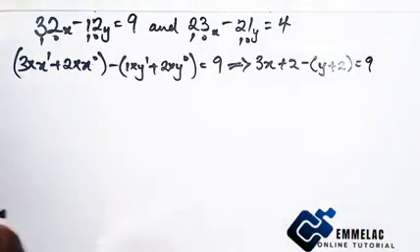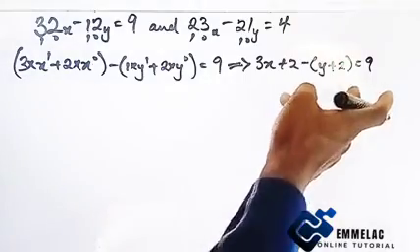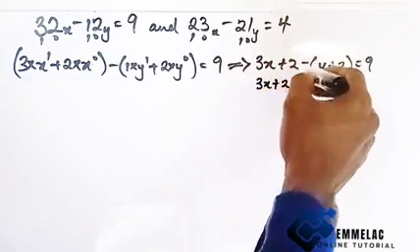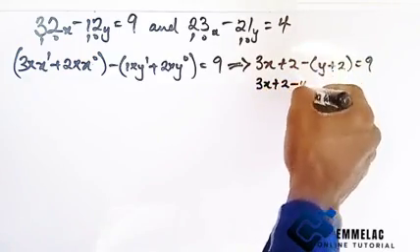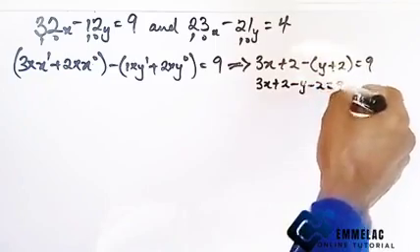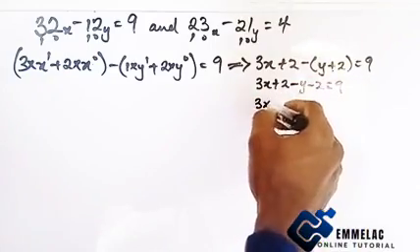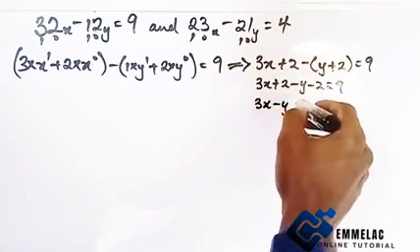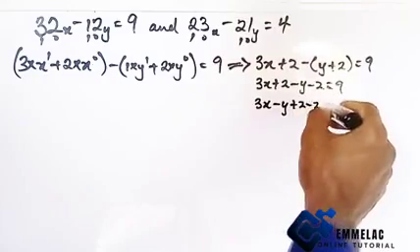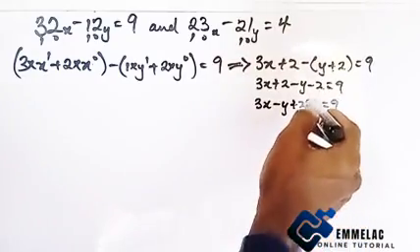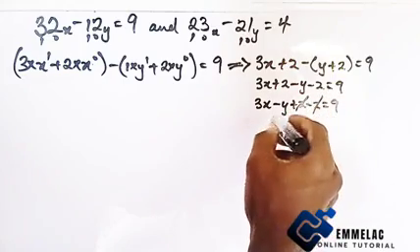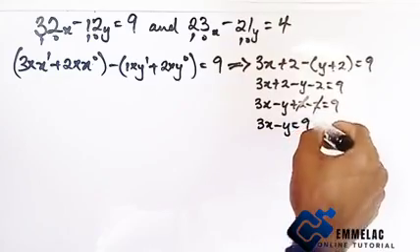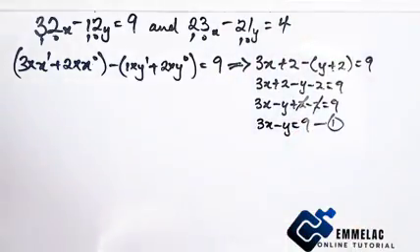So with this, we can have our first equation: 3x plus 2, then open this bracket, minus y minus 2 equals 9. So here we have 3x, now collecting like terms, minus y, then plus 2 minus 2 equals 9. The 2s cancel out, then here you have 3x minus y equals 9. This is equation 1.